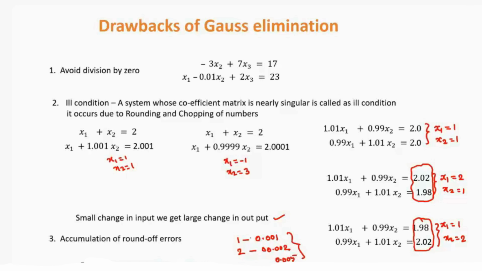Likewise, it leads to accumulation of round off errors in the problem, which provides inaccurate results. So this is related to accuracy. It leads to less accurate values due to accumulation of round off errors. So these are the three major drawbacks this elimination method has.